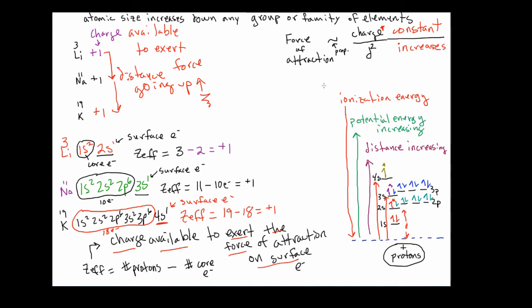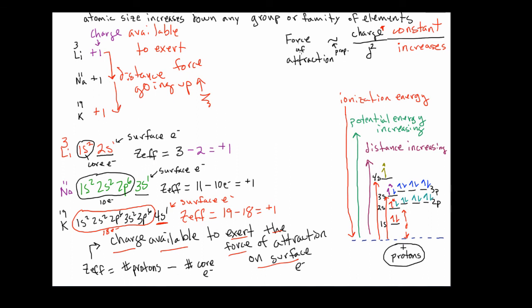So now as we move down any group on the periodic table, you can see what's happening. The charge that is available to pull on that outer electron remains a constant value moving down any group. So it's not going up, it's not going down, it just remains the same. However, the distance factor is going up significantly as we move down the group.